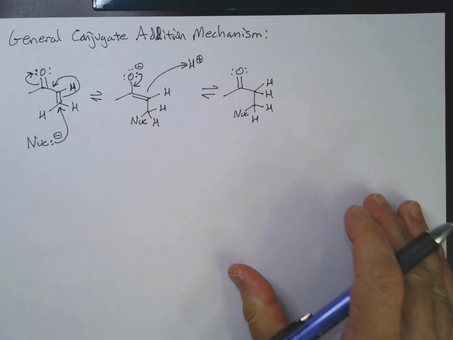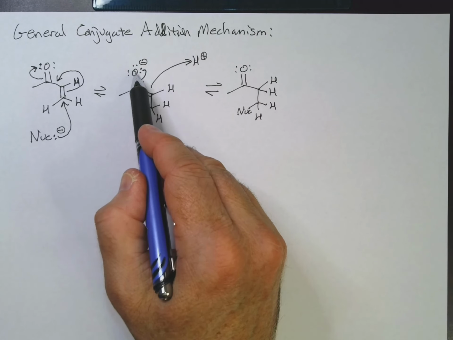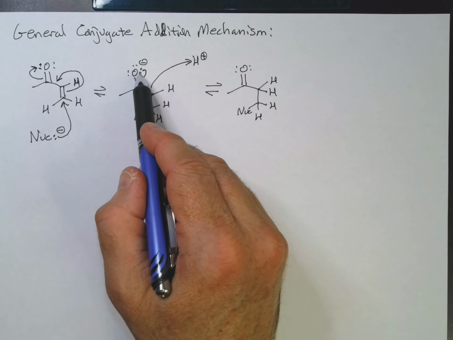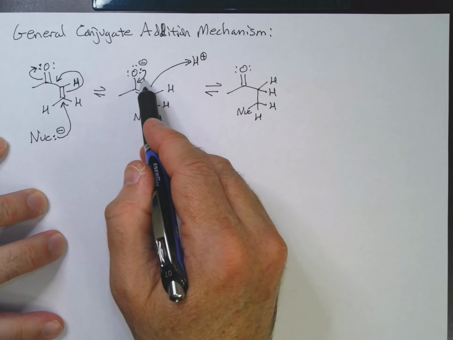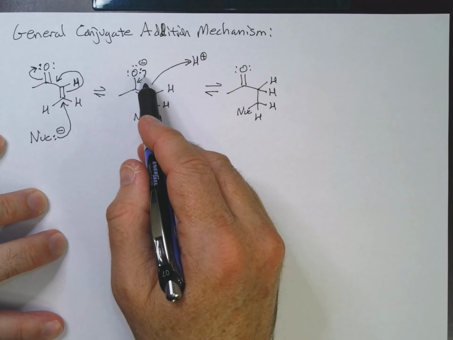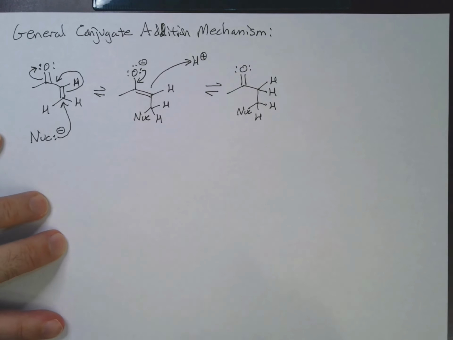And there we go. Okay, so you could protonate at the oxygen here, and that actually gives you what would be called an enol instead of the keto species, and we'll talk about that in chapter 22.